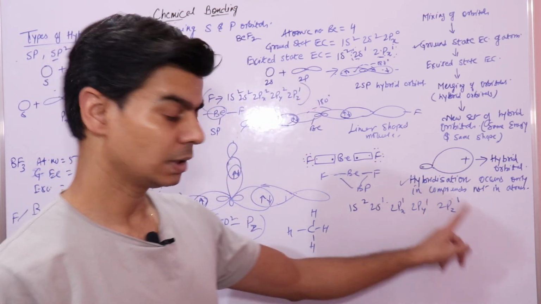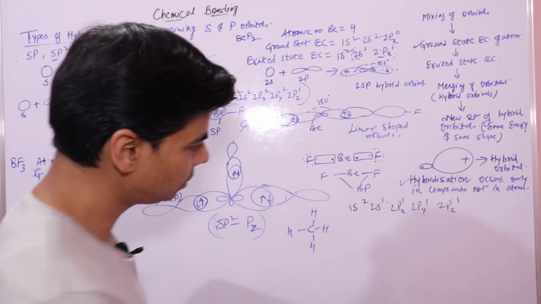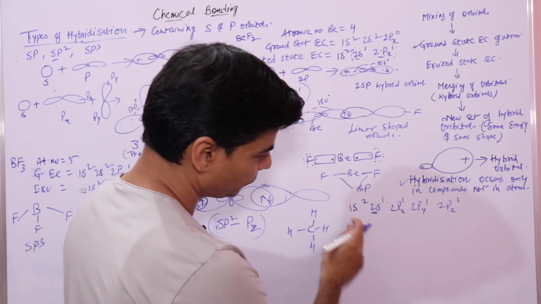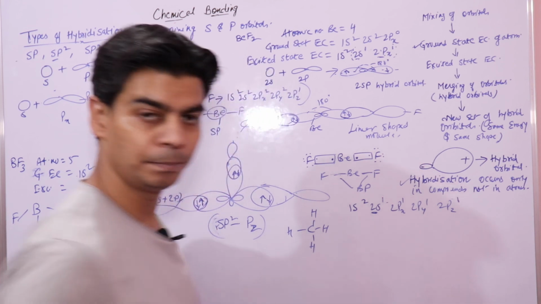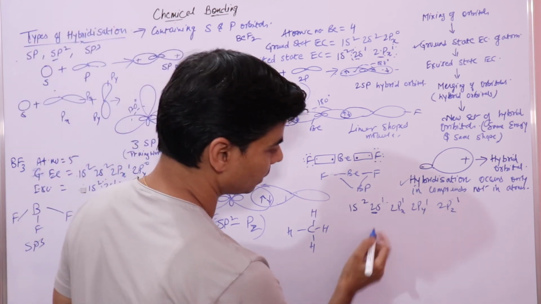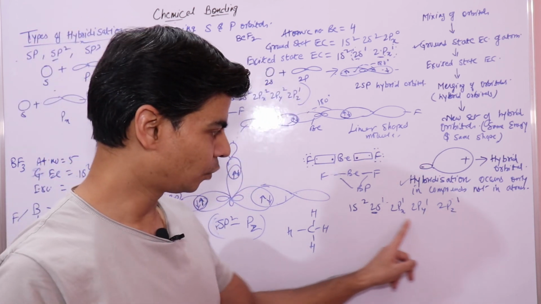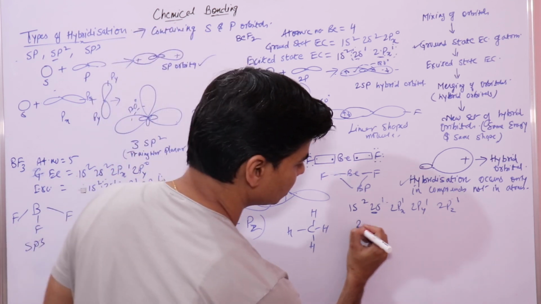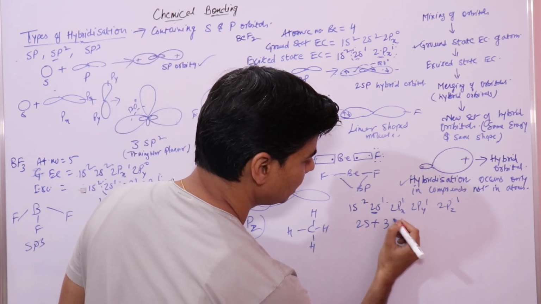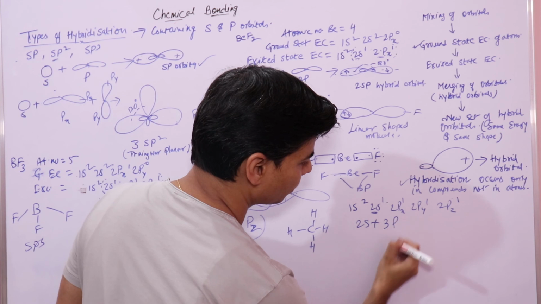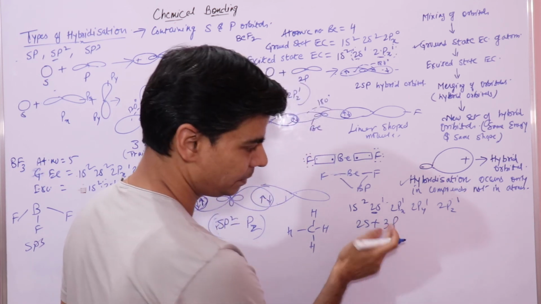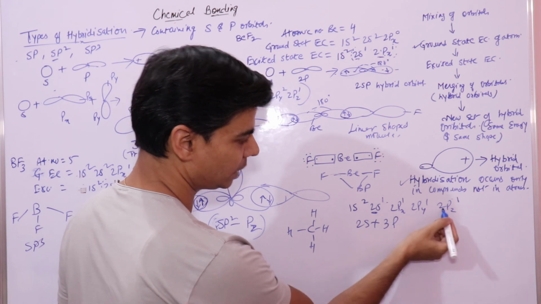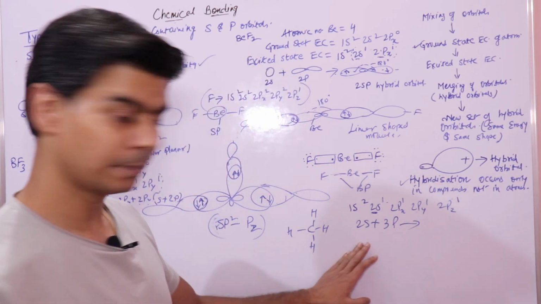Now this is your excited state electronic configuration where you have one 2s orbital and your three p orbitals, px, py, pz. Now these four orbitals, the 2s plus 3 p orbitals, 2px, 2py, 2pz, will undergo hybridization.